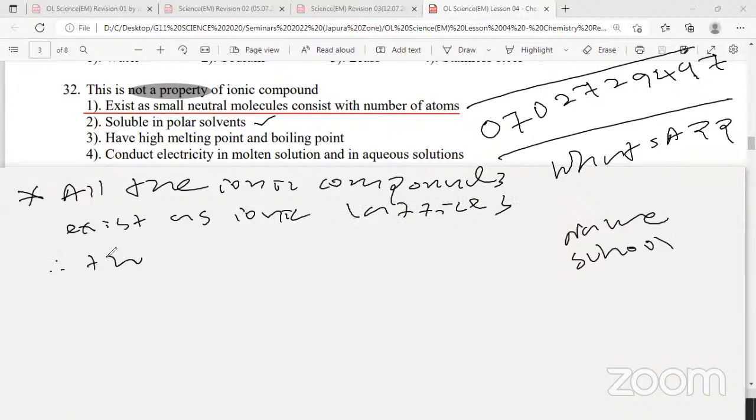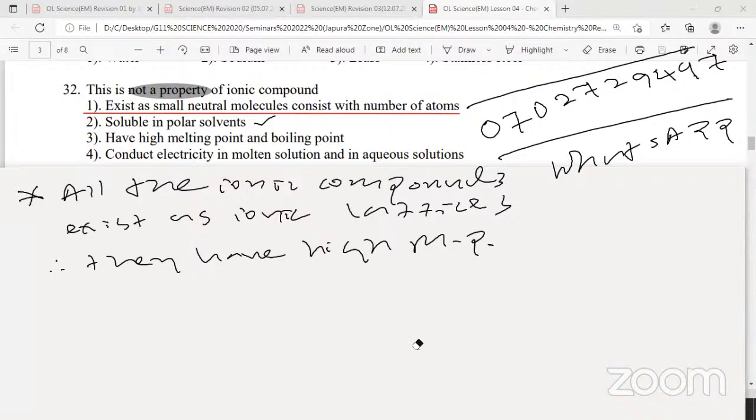Therefore, they have high melting and boiling points, high MP and BP. Right? And for example, NaCl is not a molecule.